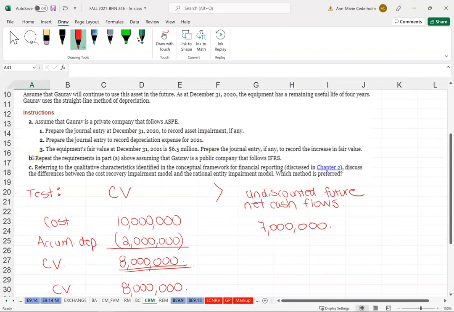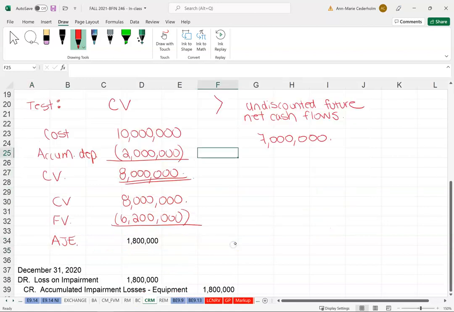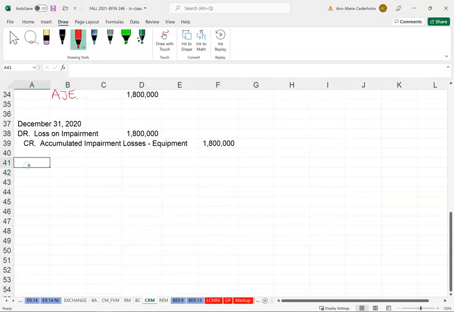Now, the next part is to prepare the journal entry to record depreciation expense for 2021. So I'll do December 31st, 2021.